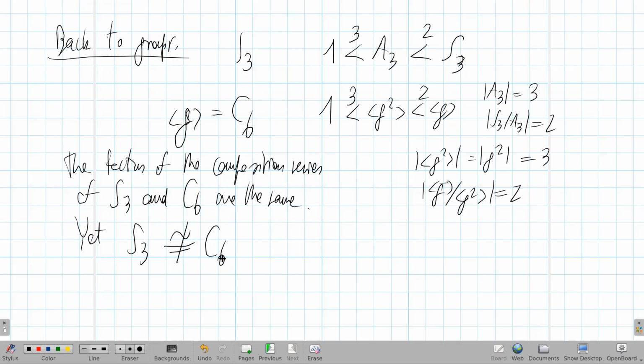So unfortunately, knowing the isomorphism type of the composition factors is not enough to decide the isomorphism type of the group. There is in fact a problem, the isomorphism problem for group extensions.